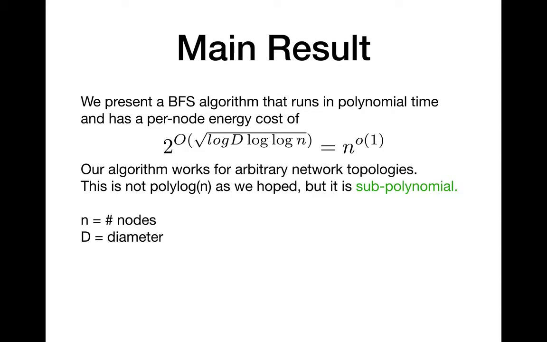In particular, it's sublinear, which already makes it better than previously known algorithms to our knowledge. And this per node energy cost, although it's not polylog n, as I said, it's better than square root n, cube root n, or any other polynomial of n.